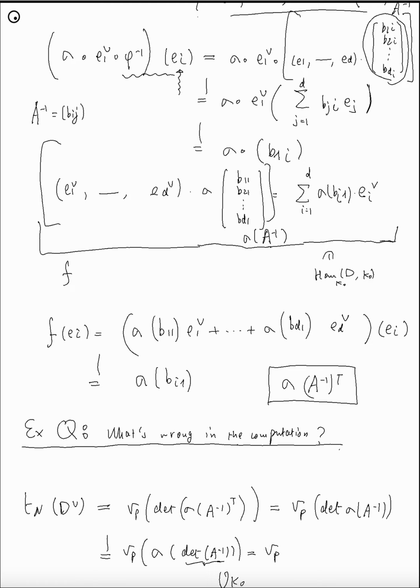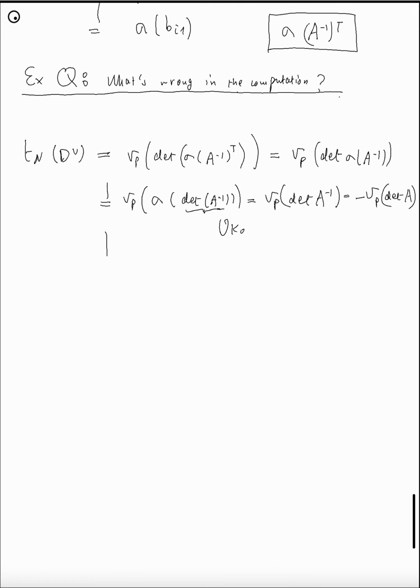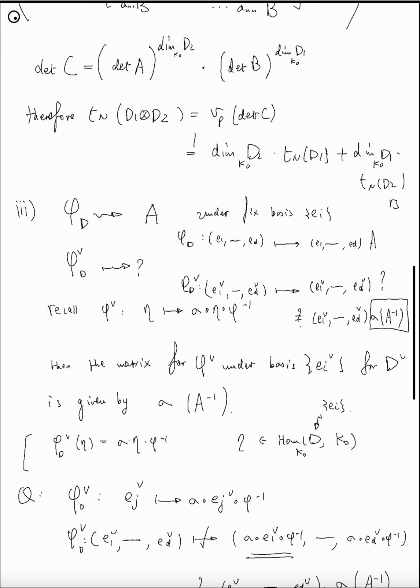This equals the p-adic valuation of the determinant of A inverse, which is then minus the valuation of the determinant of A, and hence this is minus the Newton number of D. So basically what we have proved is actually not this, but the transpose of it. Right, that's what we have proved.